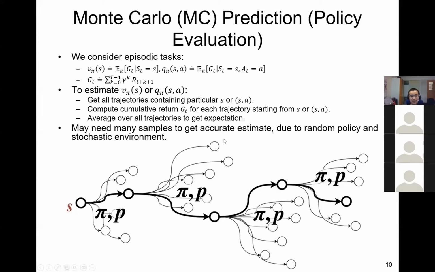And as you can imagine, if the branching factor is very large, the number of possible paths grows exponentially. So you may need many samples to get an accurate estimate due to random policy and stochastic environment.